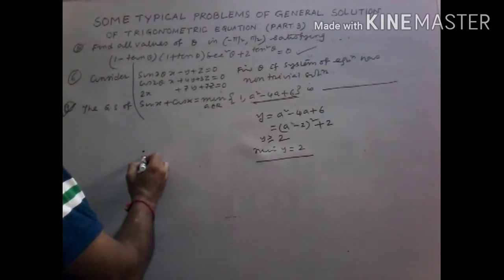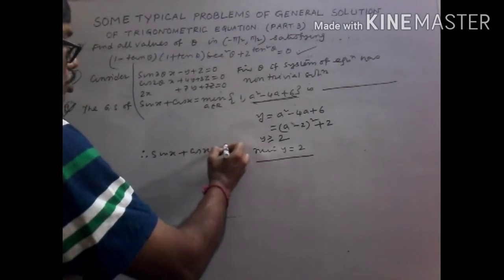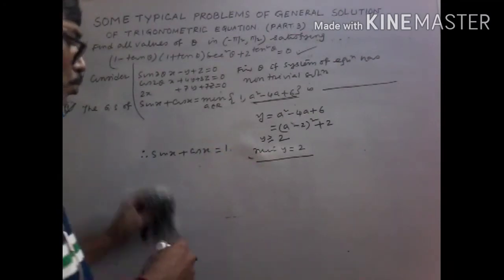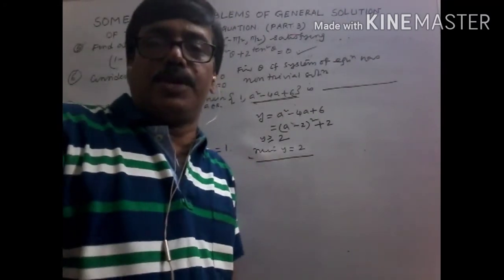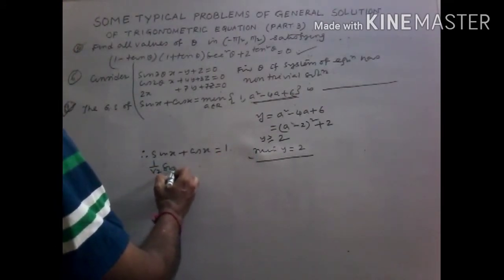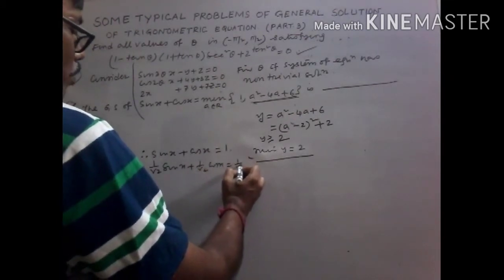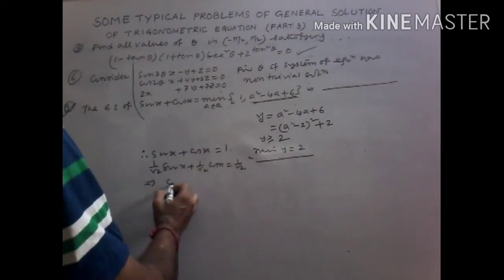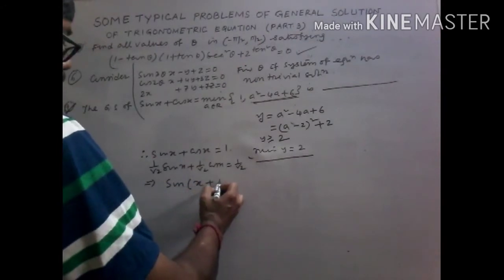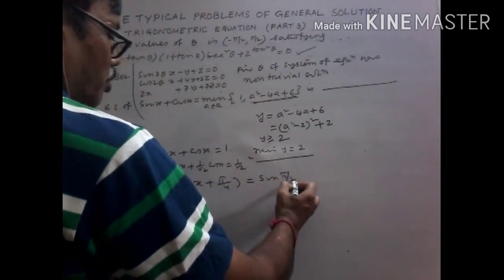So what will our equation be? Our equation will be sin x plus cos x equals 1, and we have solved this equation repeatedly. Dividing by root 2, 1 by root 2 sin x plus 1 by root 2 cos x equals 1 by root 2. So finally sin of (x plus pi by 4) equals sin pi by 4.